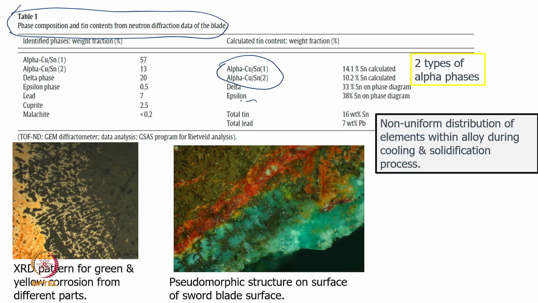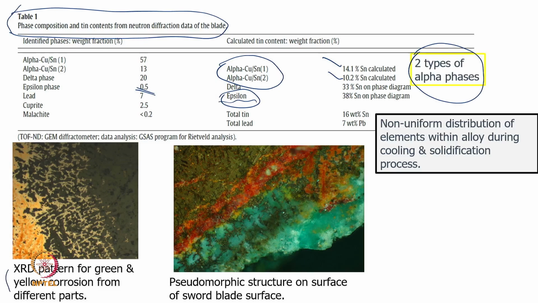Epsilon we generally do not find in this kind of steel or bronze, but a very small fraction, something like 0.5% epsilon, has been observed in this sword. They also found two different types of alpha phase, not only one: one contains 14% tin, the other contains 10.2% tin. So, there are two different alpha phases present in this sword.